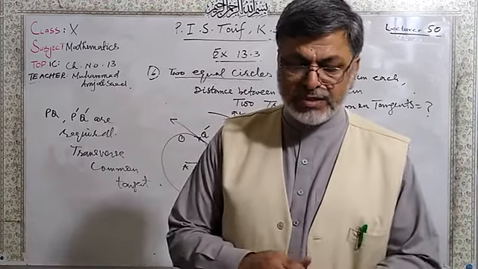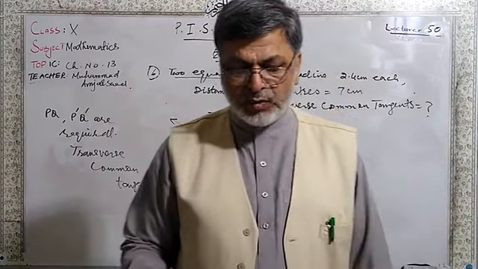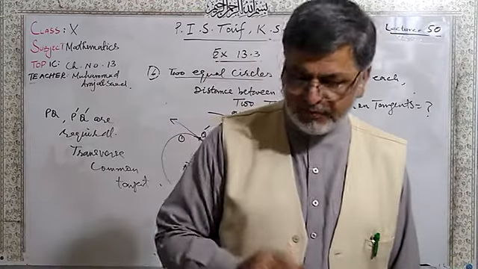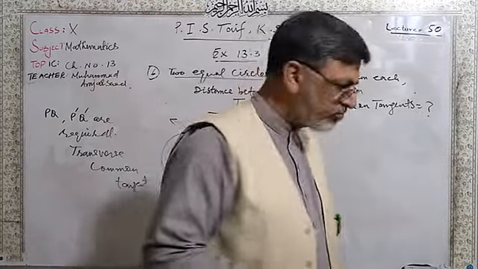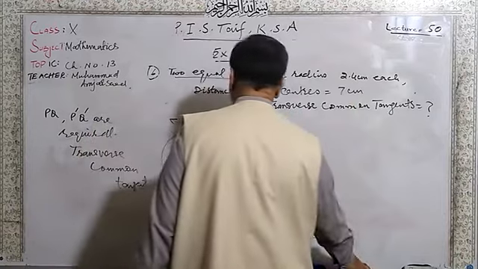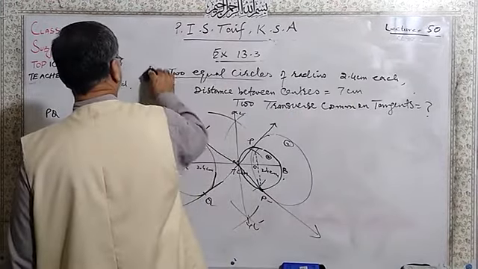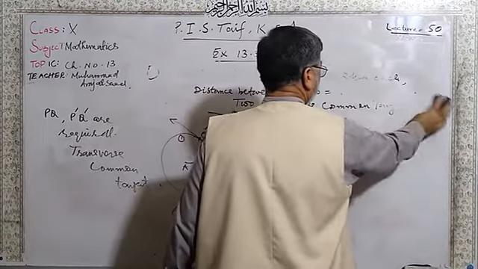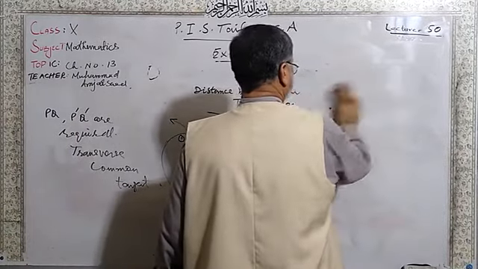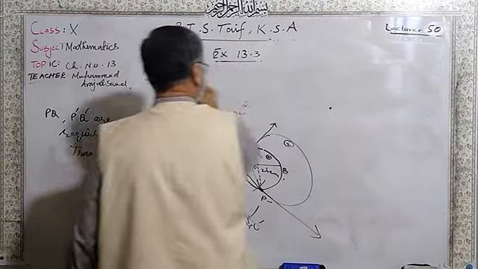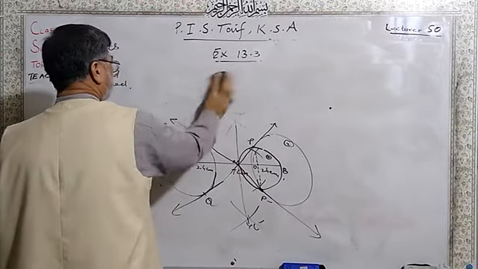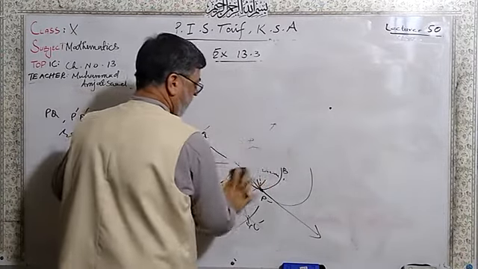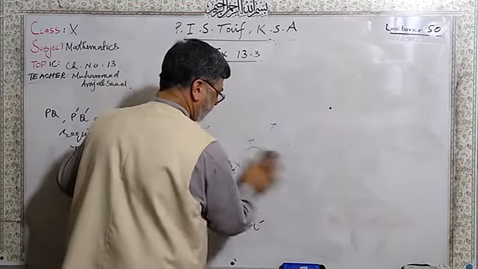Draw common tangents to two touching circles of radii 2.5 and 3.5.